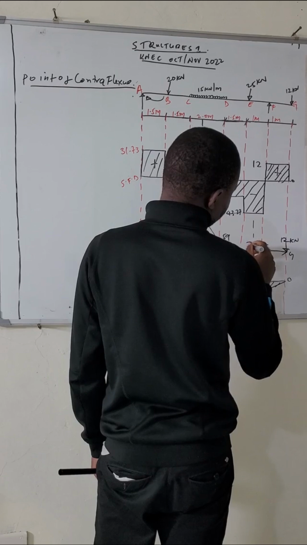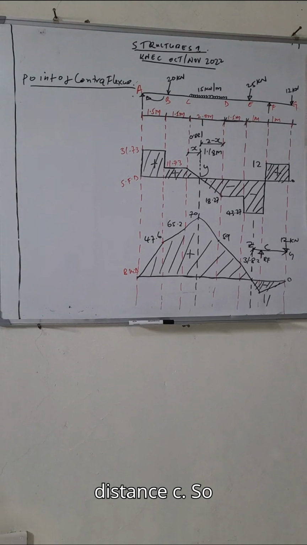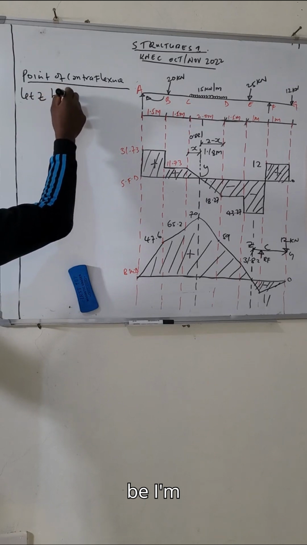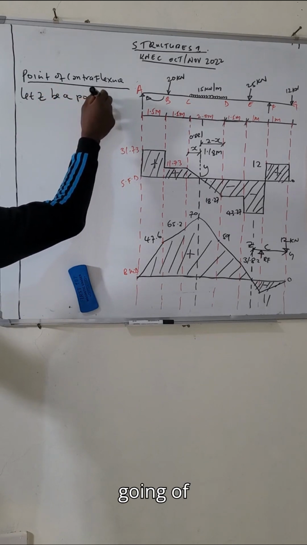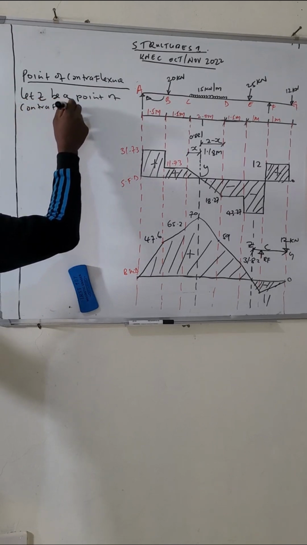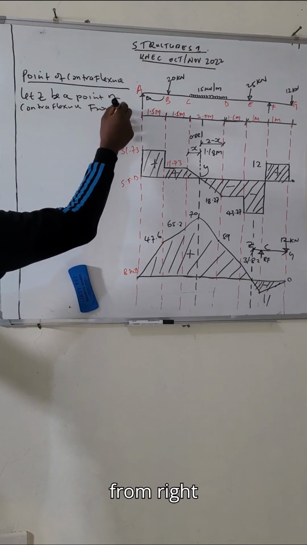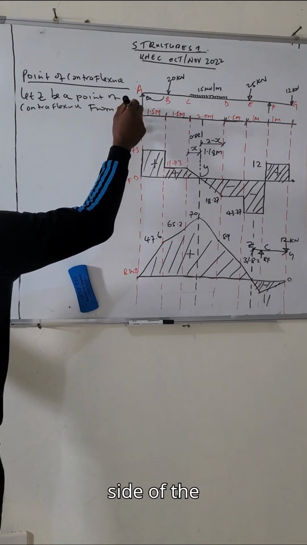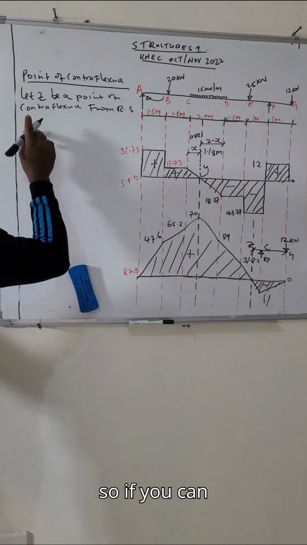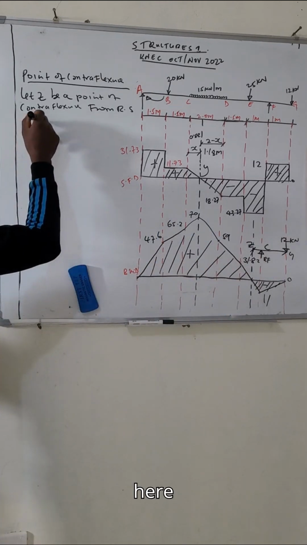Let's give the point of contraflexure Z, at distance C from the right side of the beam.